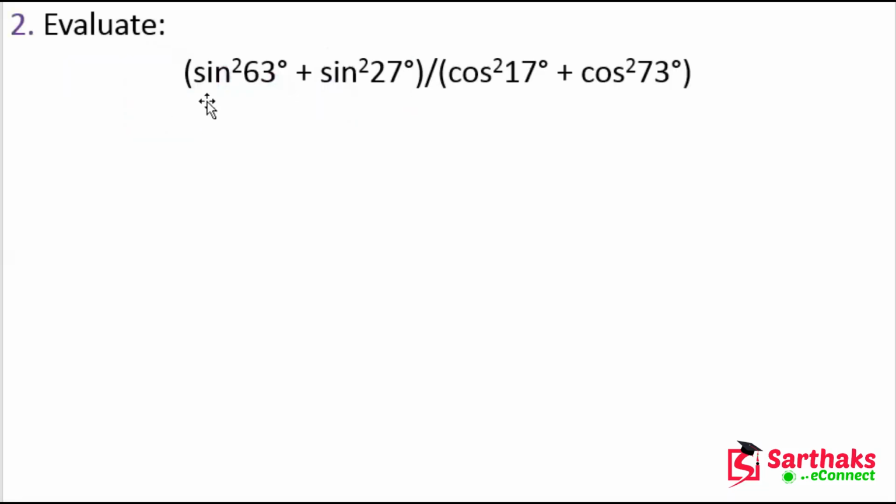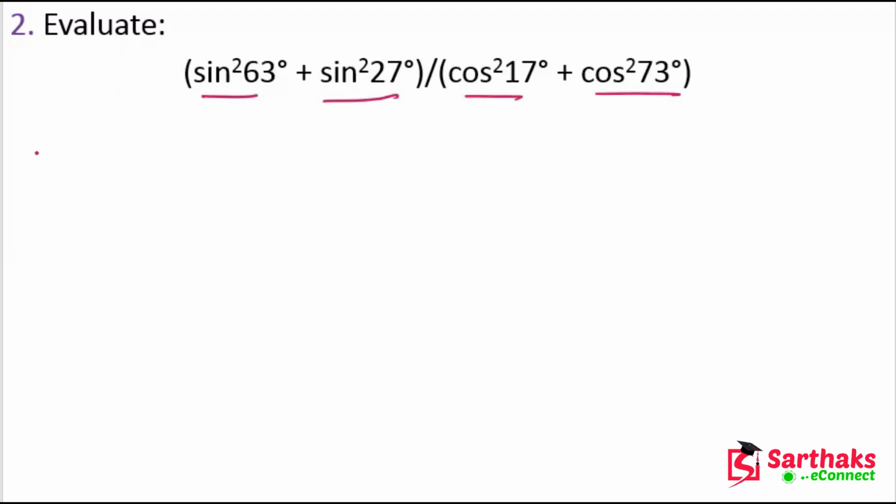Now we have to evaluate sin square 63 degree plus sin square 27 degree upon cos square 17 degree plus cos square 73 degree. In this case we have to apply the formulas only. To simplify this, convert some of the sine functions into cos functions and cos functions into sine functions.